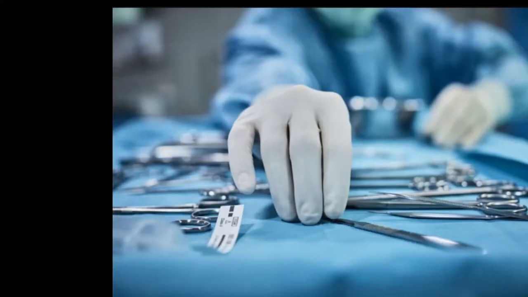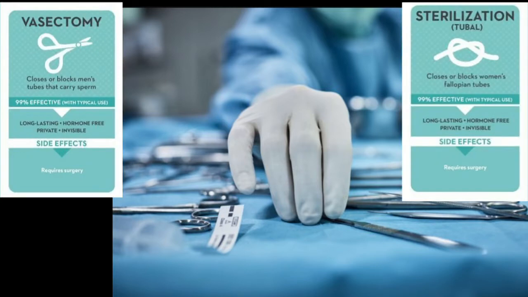So the other method is surgery. We have sterilization, which is tubal ligation, that means the woman's fallopian tube is cut off, and it is 99% effective, and this requires surgery. The other one for the man requires vasectomy.